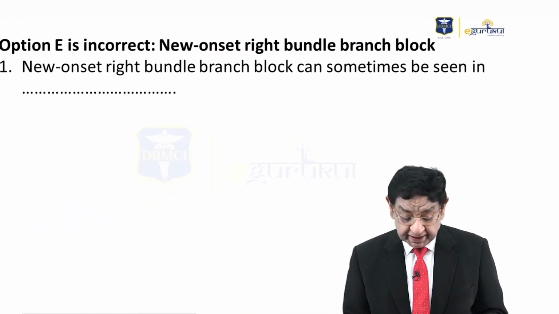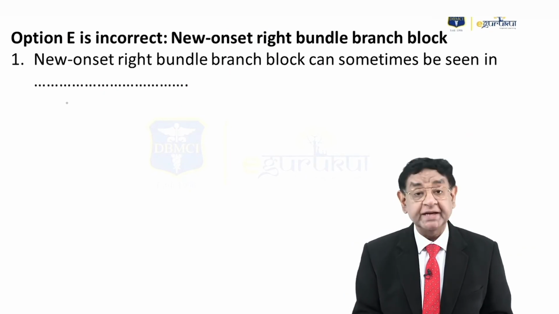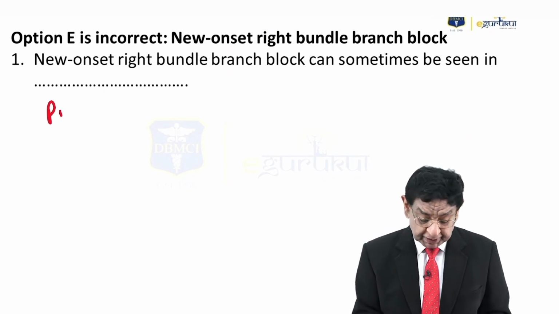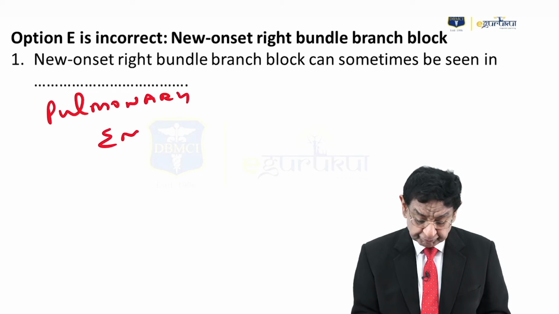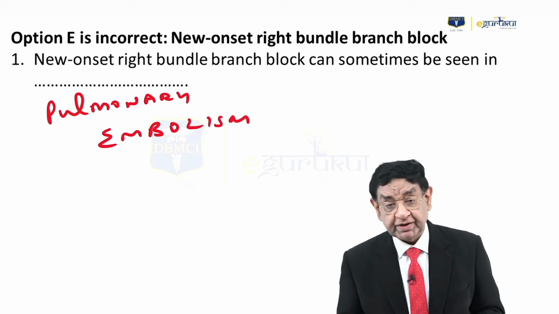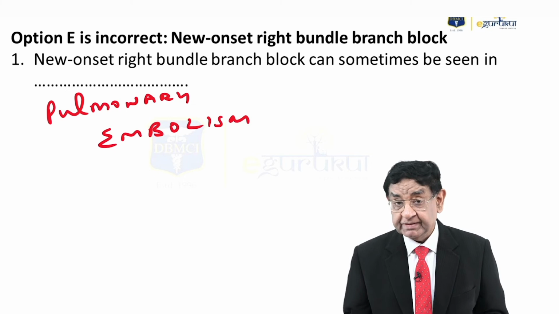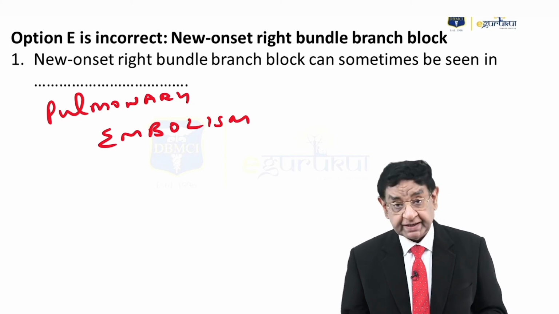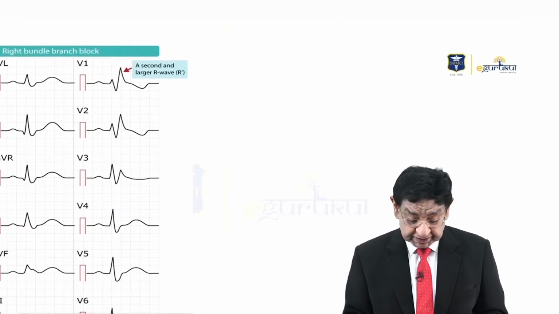New onset right bundle branch block can be seen in acute pulmonary embolism. This is not a finding in case of cardiac tamponade. And you can see this lovely picture.